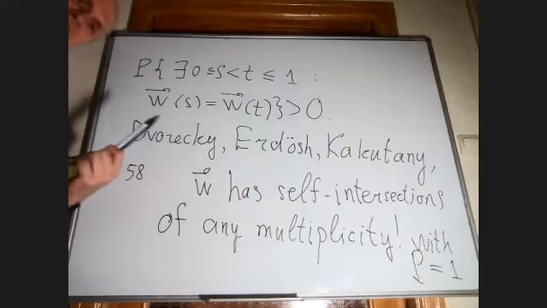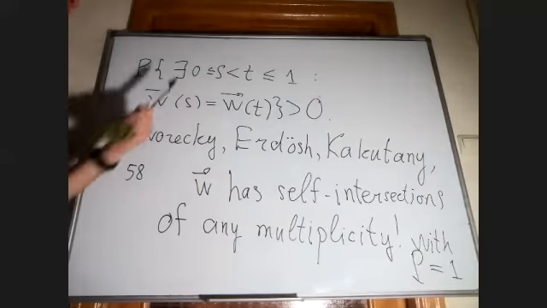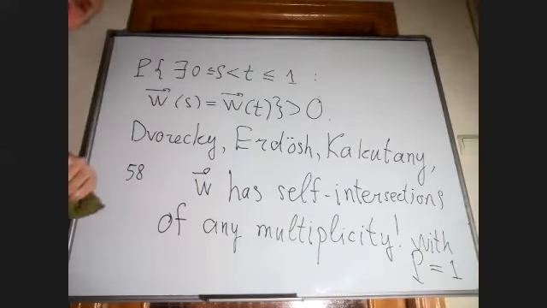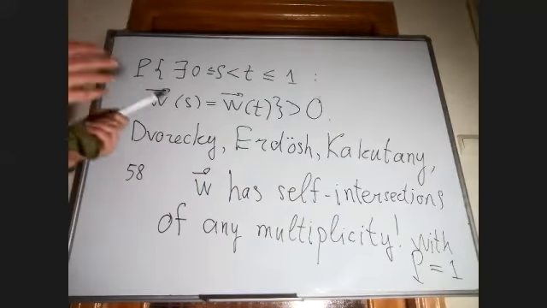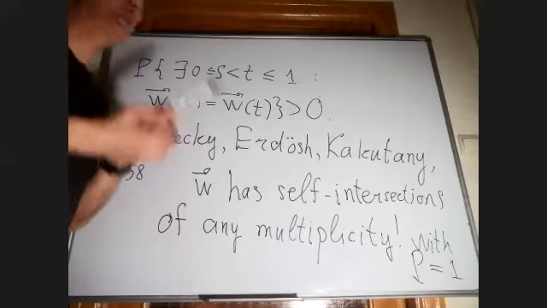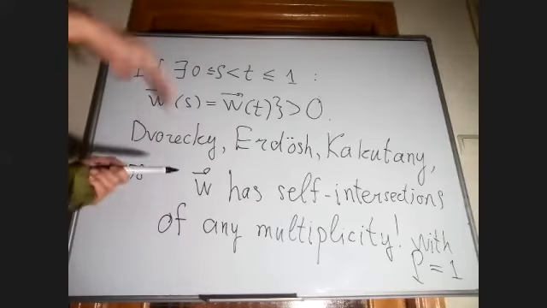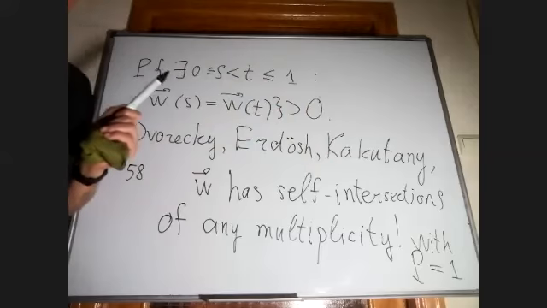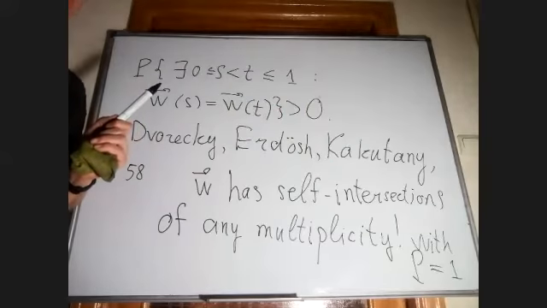We already understand the reasons why W has double self-intersections. These are topological reasons. We know that with positive probability W follows any continuous curve.